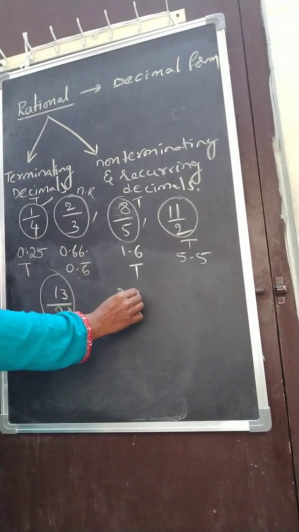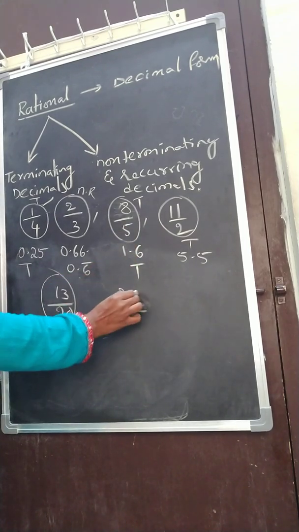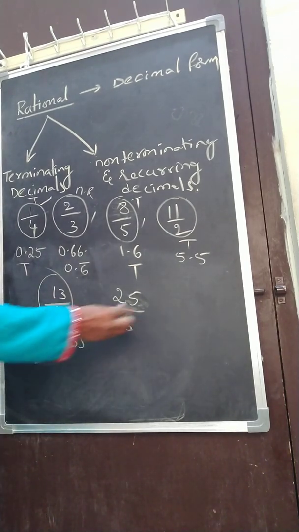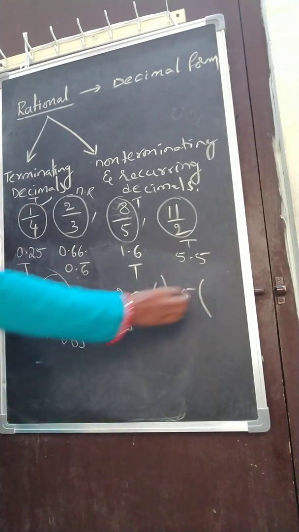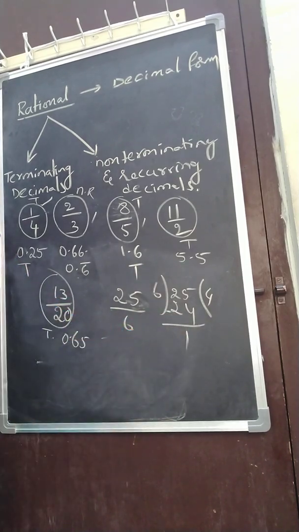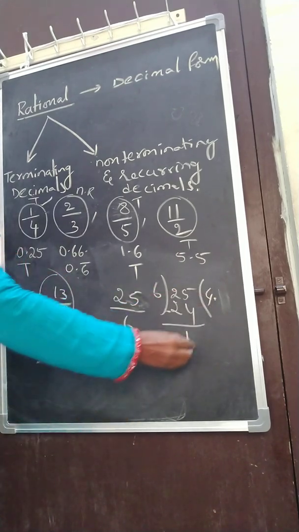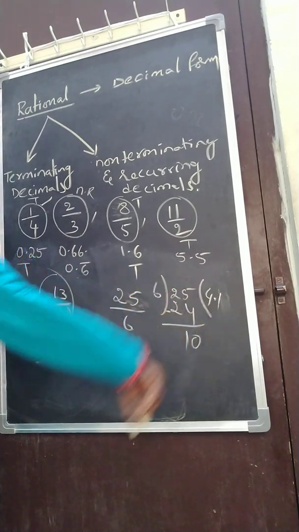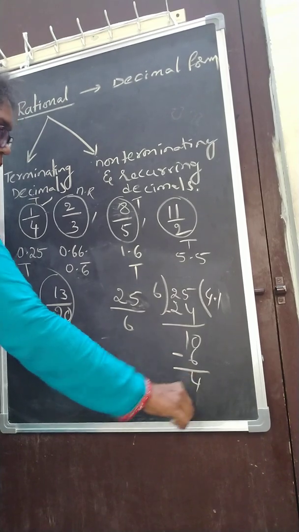Let us take one more. 25 by 6. 25 divided by 6. 6 fours 24. Minus, 1. 1 is smaller, so we took one decimal point. The value is 0 here. So the value is now 10. 6 ones 6. 4 comes.